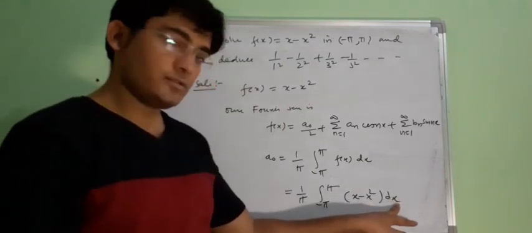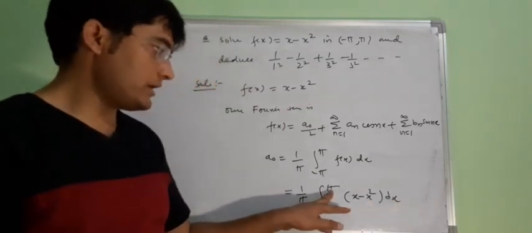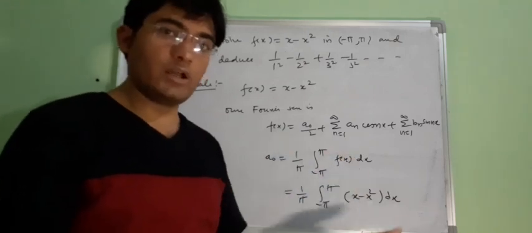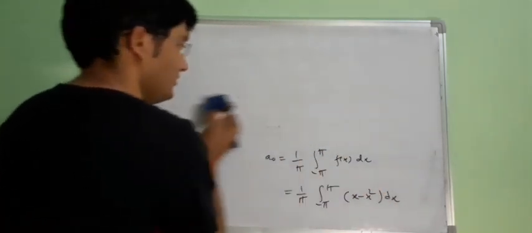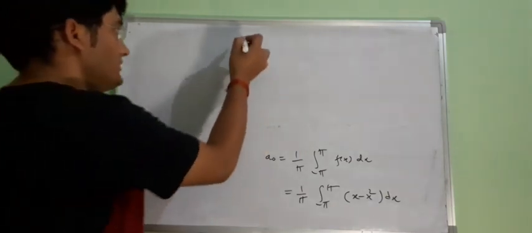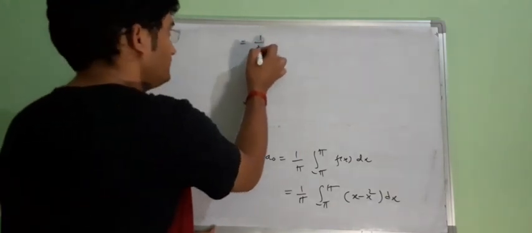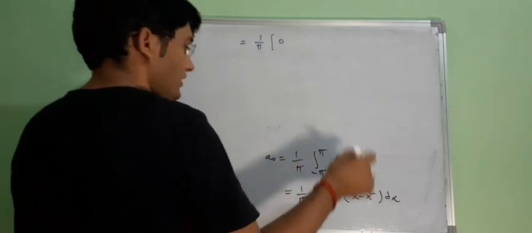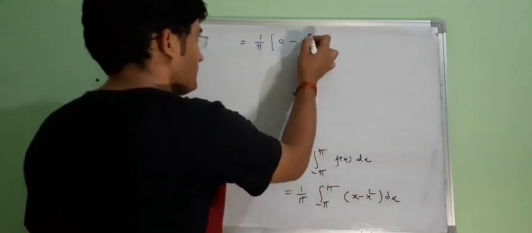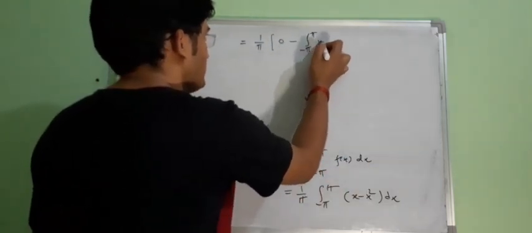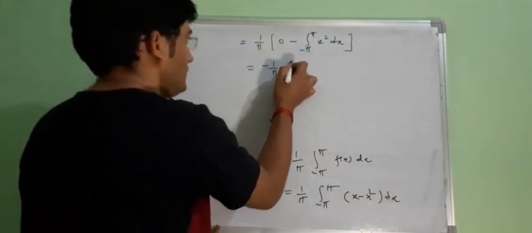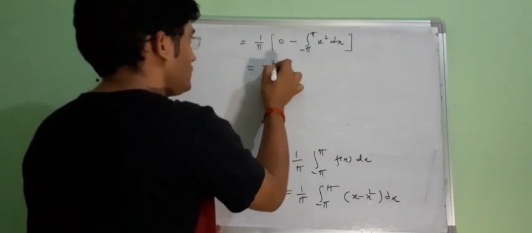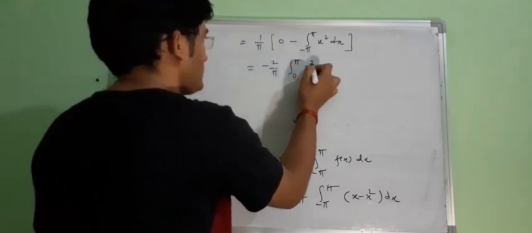And x square is an even function, so the integral from minus pi to pi of x square dx will be 2 times the integral from 0 to pi of x square dx. So this is equal to 1 upon pi. The first integral will be 0, and for the second integral we will have minus 2 times the integral from 0 to pi of x square dx.